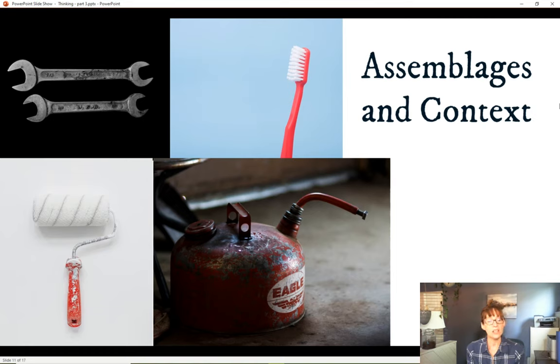Suddenly, the toothbrush lends itself to a different interpretation because it's been found in proximity to these tools and a gas can. Now we're not thinking bathroom so much anymore. Now maybe it's something like a garage or a basement. Again, context is everything, and each artifact has to be understood in relationship to each other.